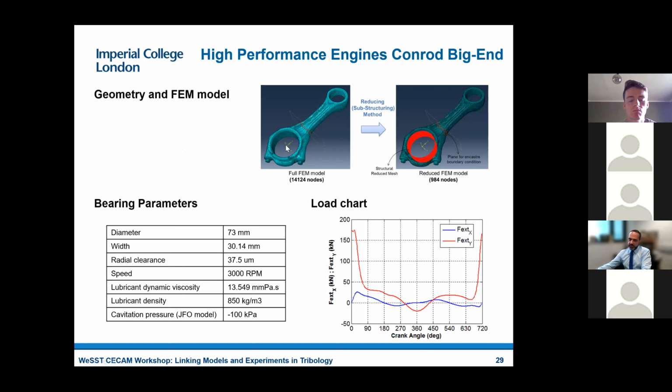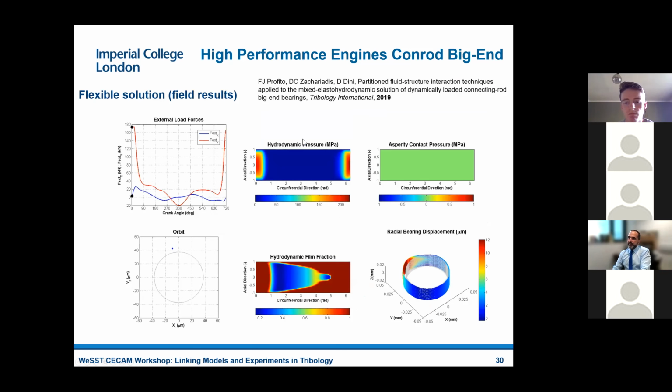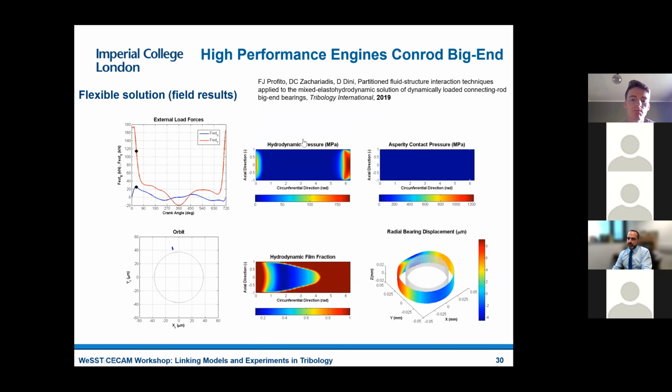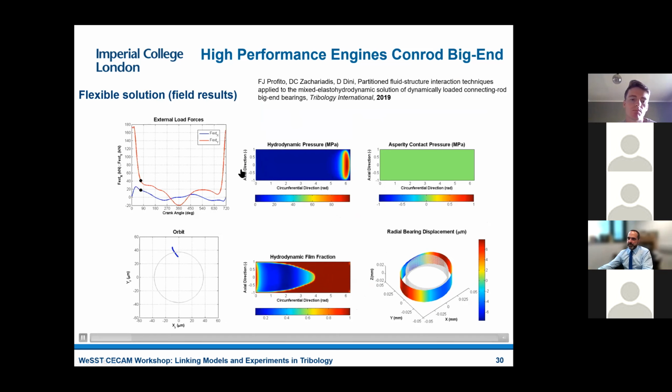The importance when you do application level systems is to make sure you pick up exactly the features you need. So geometry is important, load is important. This is the actual loading on that system, and the representation of the film formation here is also very important. If you try your best to do a model, you can start looking at how the bearing deforms.